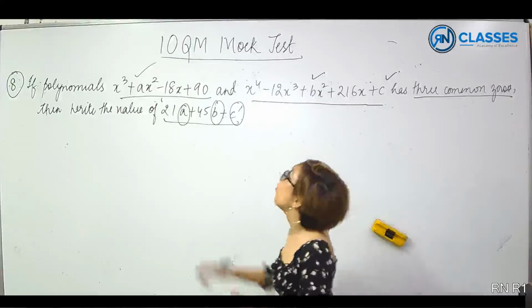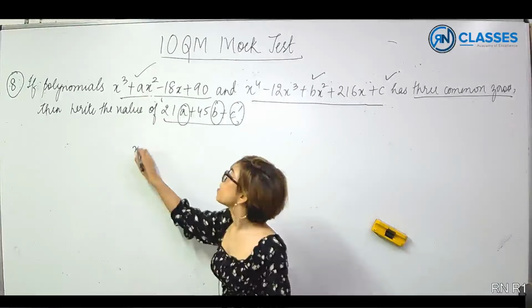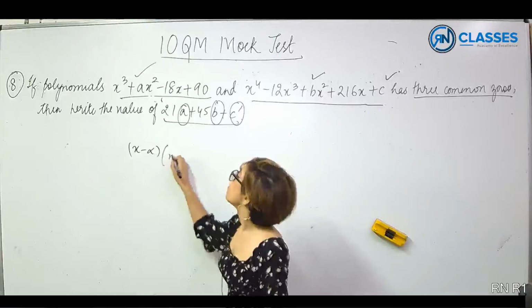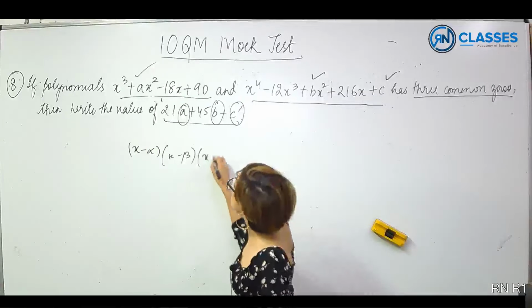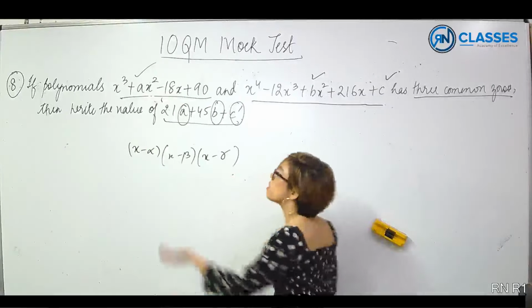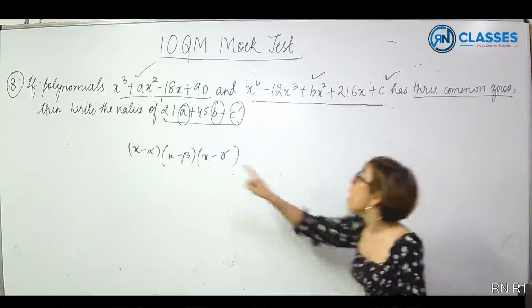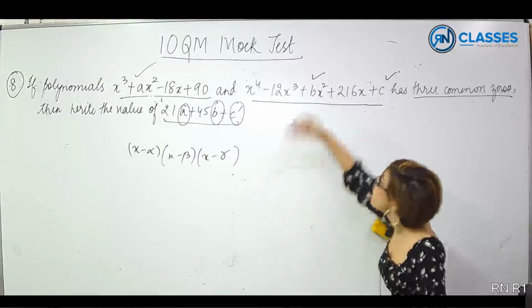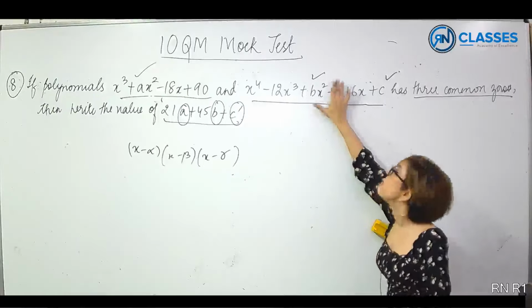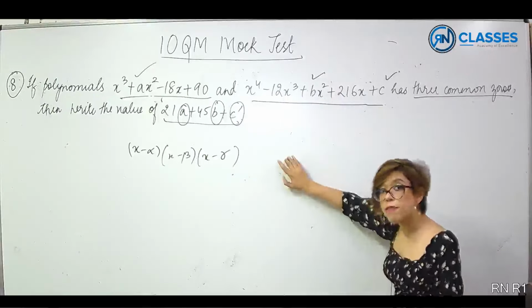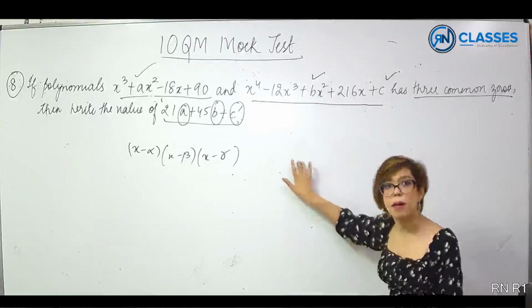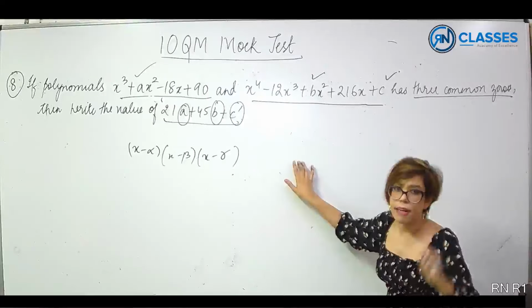That means the factors must be like x minus alpha into x minus beta into x minus gamma. And obviously zeros are alpha, beta, gamma. Now we know they have 3 common zeros. That means alpha, beta, gamma must be zeros of this polynomial. That means it will also have a factor of x minus alpha, x minus beta into x minus gamma, and an additional linear factor.